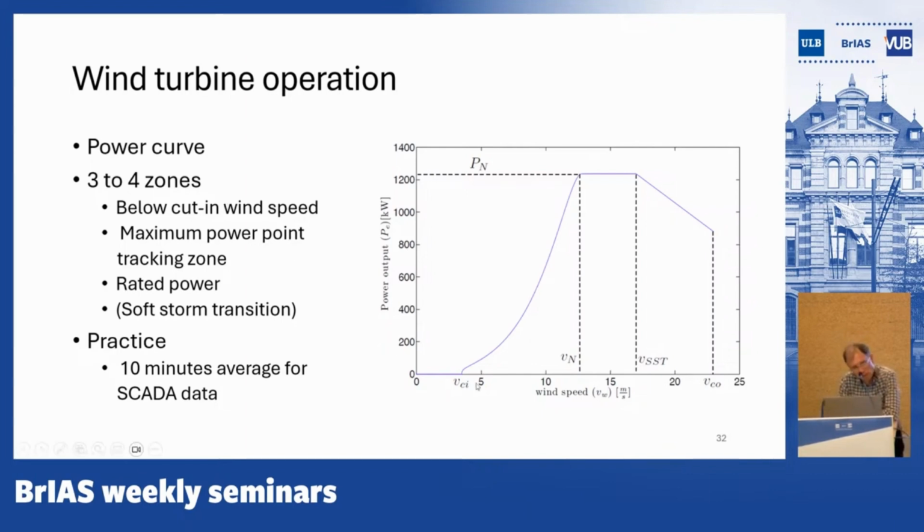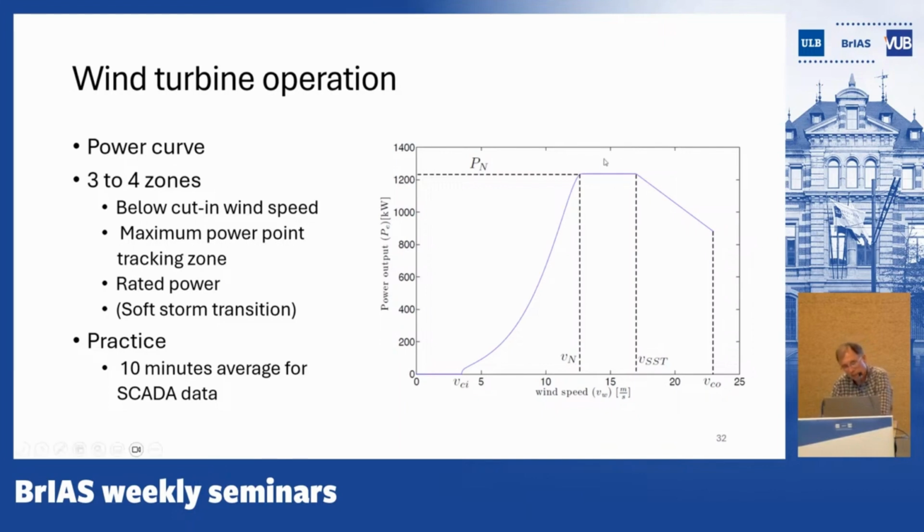So this minimum wind speed is called the cut-in wind speed. And then you have what is called the maximum power point tracking zone, which is this zone. And on an onshore wind turbine, this is the zone where the turbine operates most often. So in this zone, you are actually controlling the speed of the wind turbine in such a way that you extract the most energy from the wind. That's why it's called maximum power point tracking.